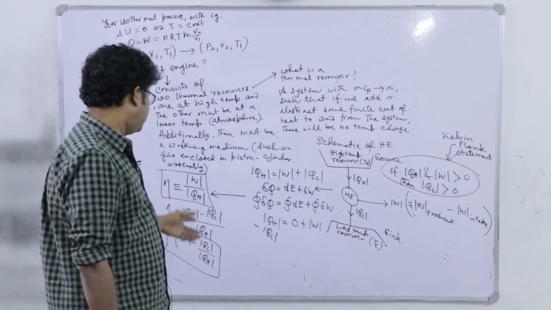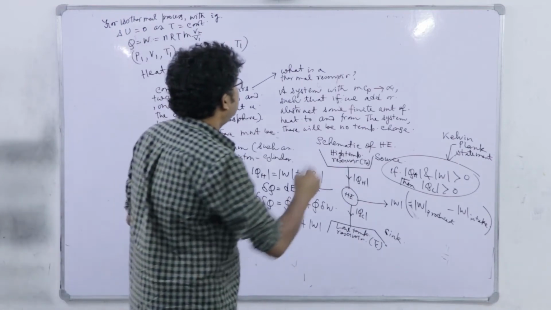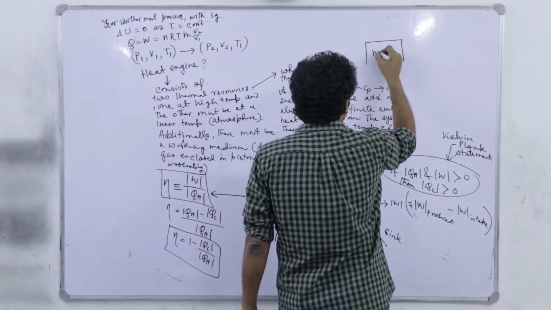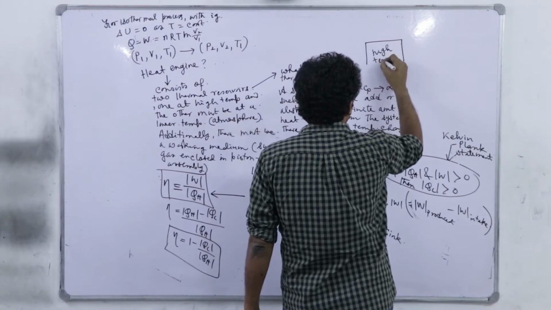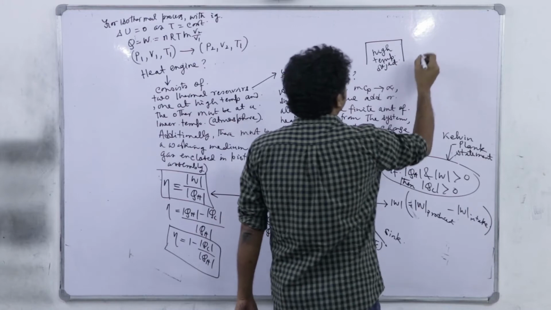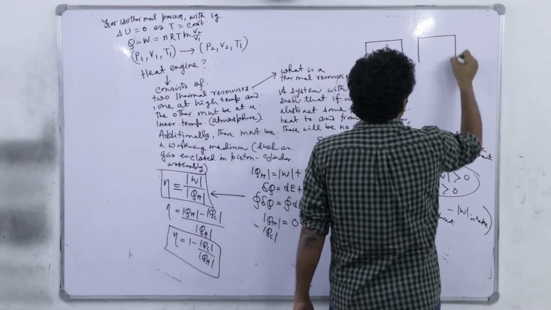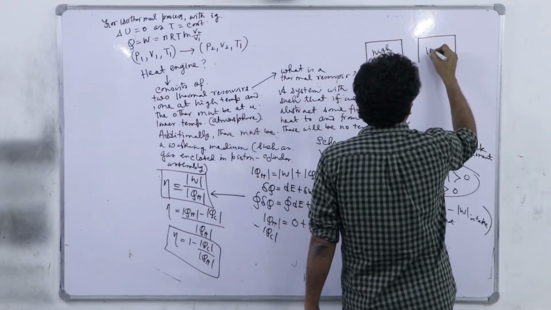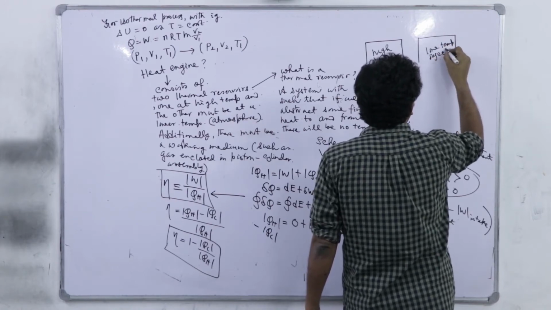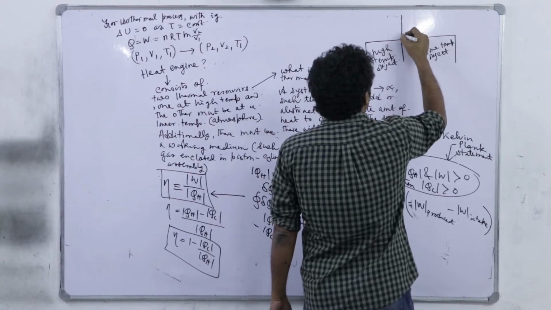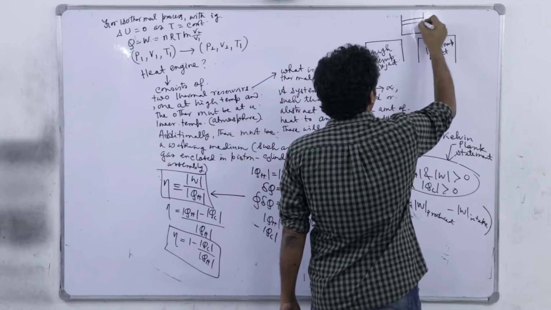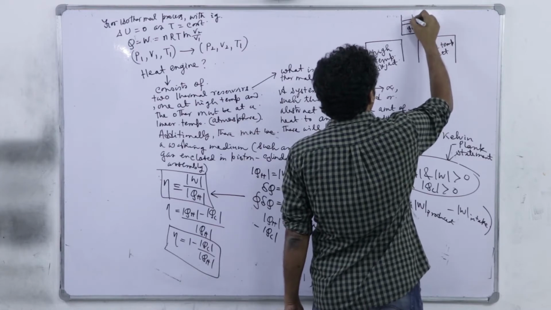See, we can think like we have a high temperature object, we have a low temperature object, and we have another working medium, right, gas in piston cylinder assembly.